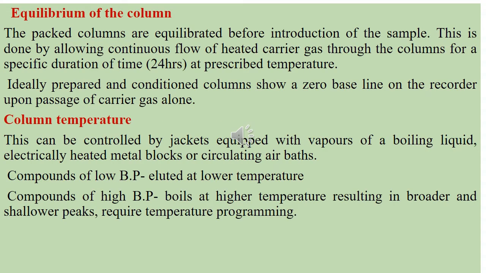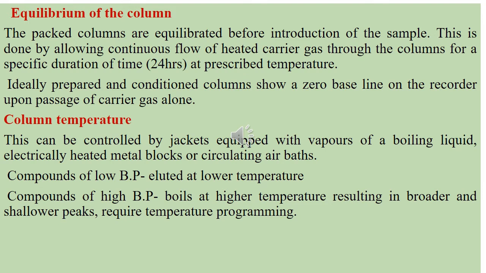Equilibration of the column. The packed columns are equilibrated before introduction of the sample. This is done by allowing continuous flow of heated carrier gas through the column for a specific duration of time, generally 24 hours, at the prescribed temperature. An ideally prepared and conditioned column shows a zero baseline on the recorder upon passage of the carrier gas alone.